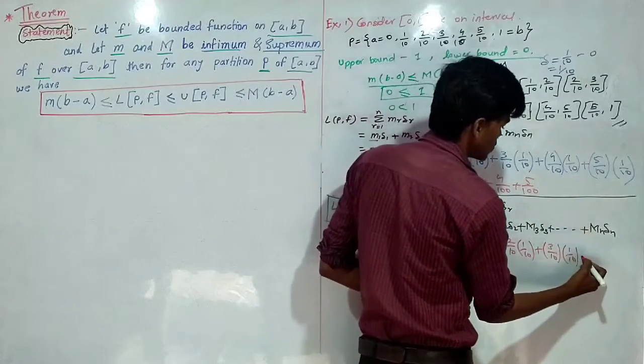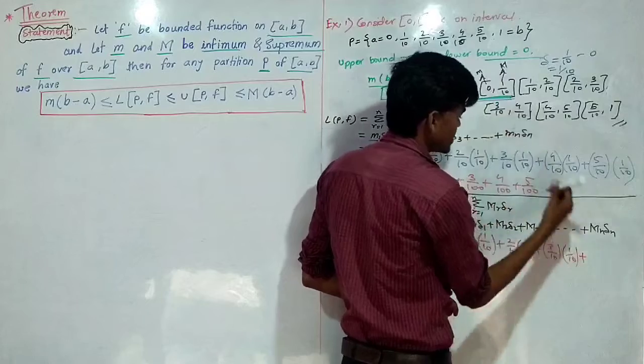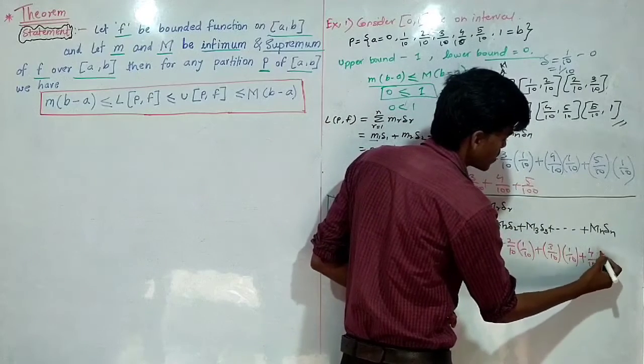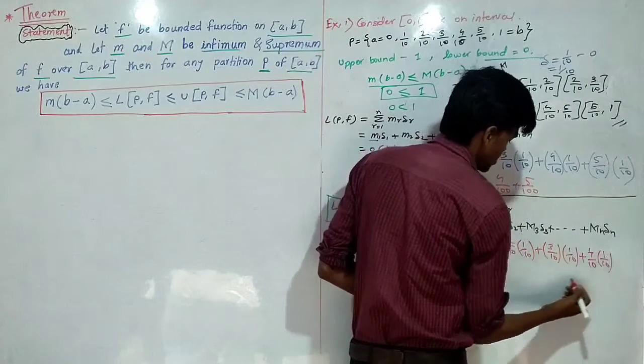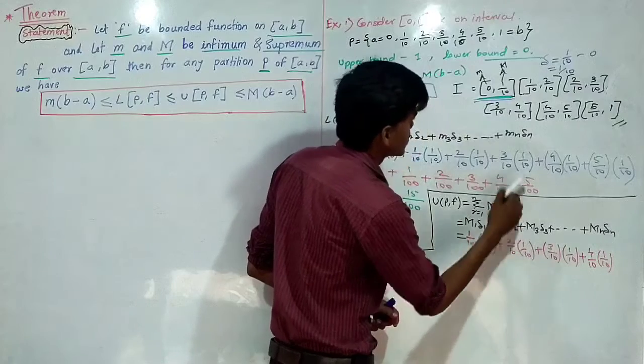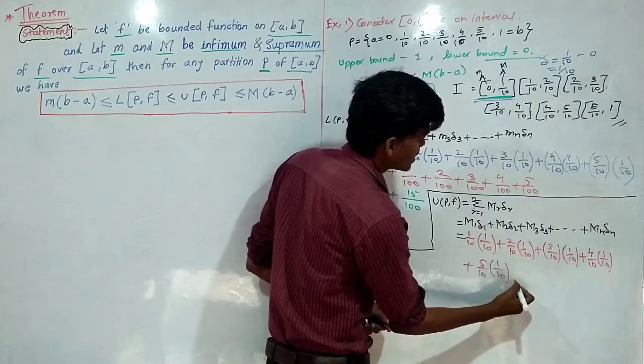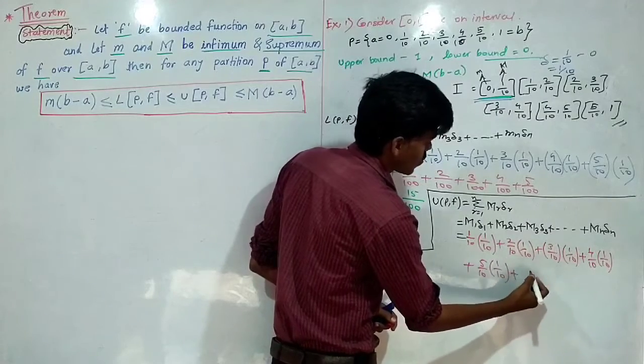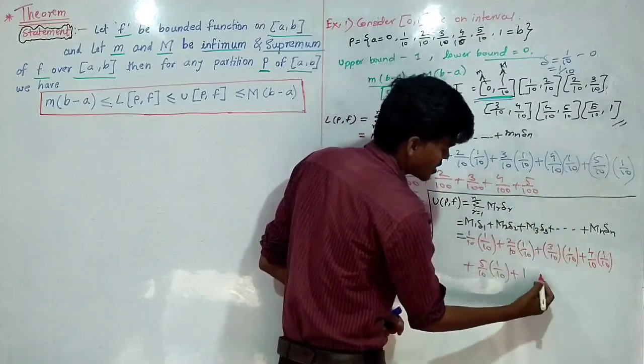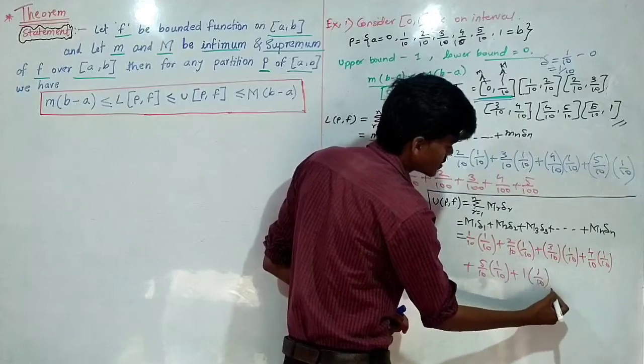Again plus 4 by 10 into 1 by 10, plus 5 by 10 into 1 by 10, and the last is plus 1, because the supremum is 1 here, into 1 by 10.